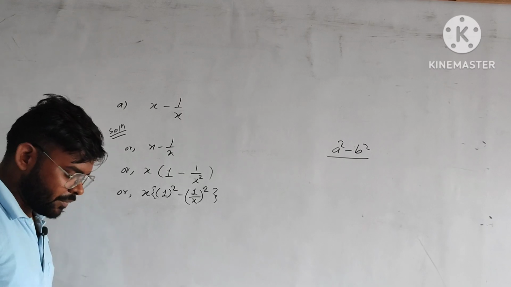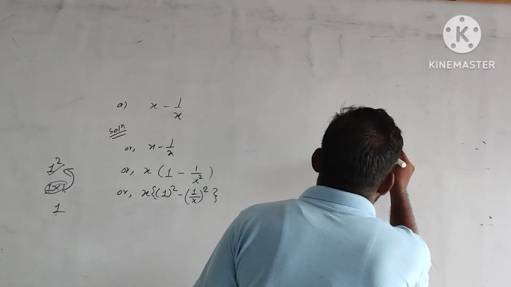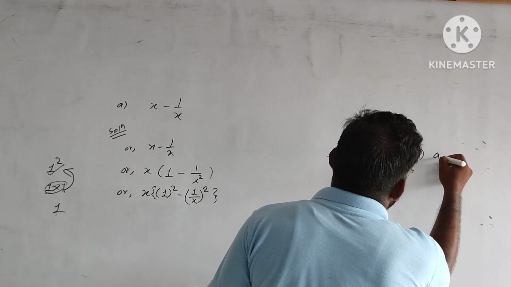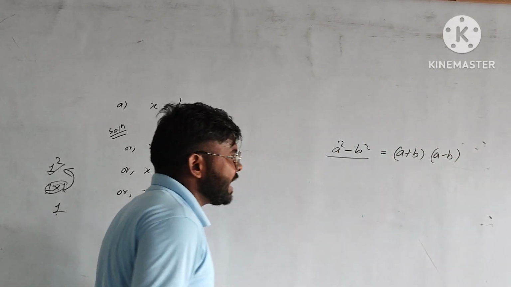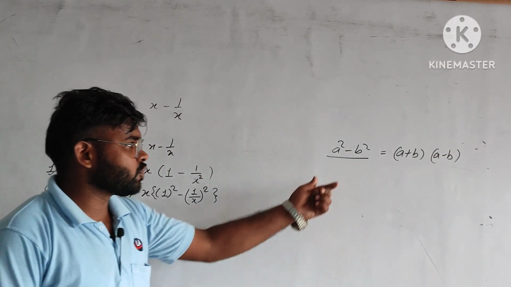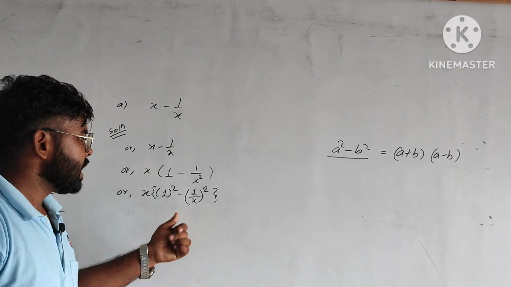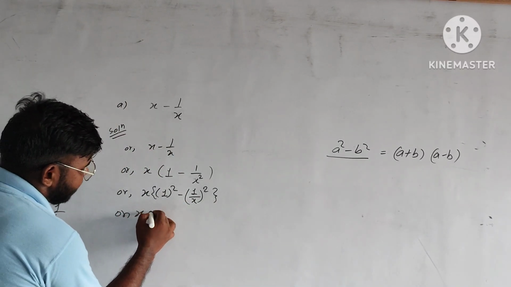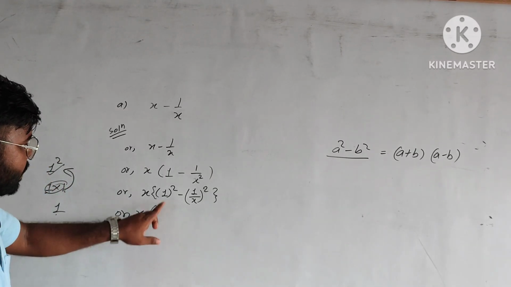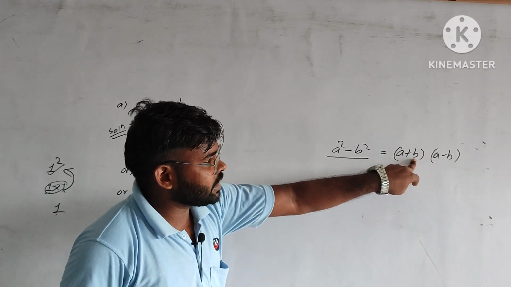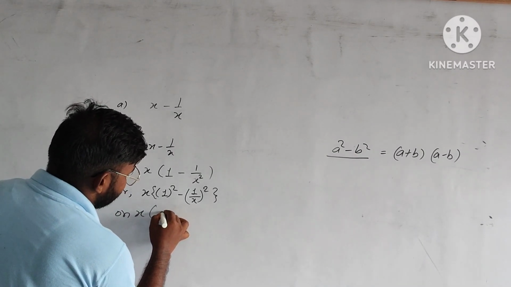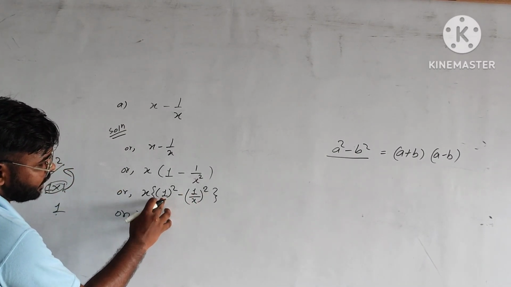Now what is the formula of a square minus b square? a plus b and a minus b. While factorizing we use this. Now let's see, there is x, and now in the small bracket let's write a plus b. In the place of a what is there? 1.